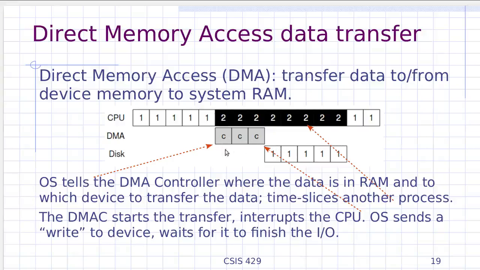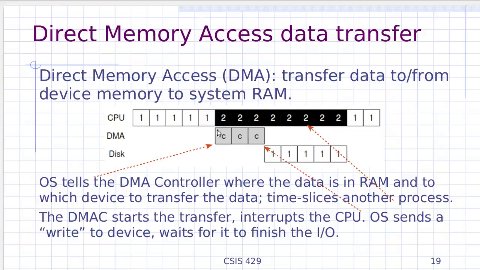While it's doing that, the CPU can context switch to process 2 and have more time to work on, quote unquote, more important things like running other processes rather than just manually writing bytes to an IO device.